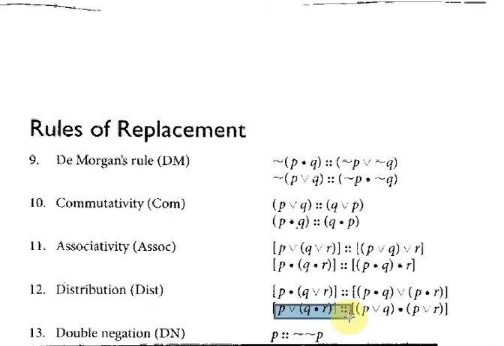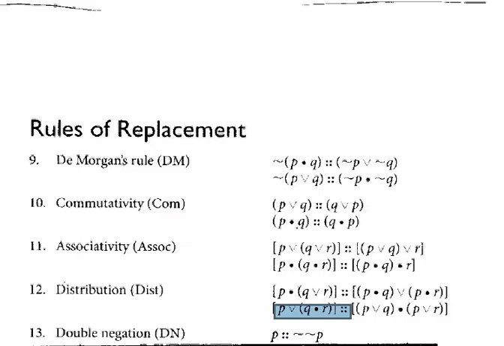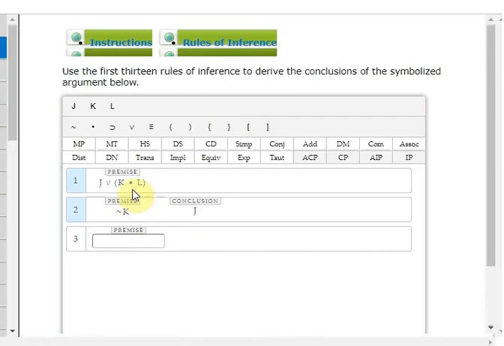Yeah, there we go. We have that variation right there in the first line, right? Imagine that the J is the P, the K is the Q, and the L is the R, right? We have that same exact pattern here. P as the J, K as the Q, and L as the R, right?